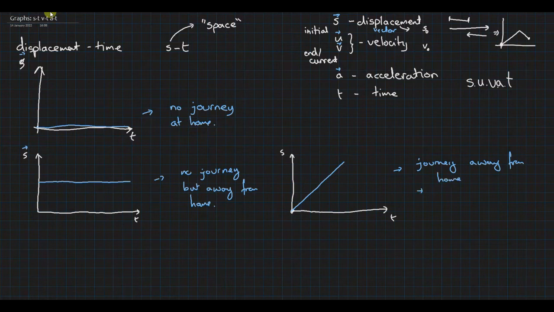And the journey is going to be, if you actually think about S and T, at any point, S over T is a distance over time, and that's the average speed or velocity. Let's say velocity for a moment. At this point.